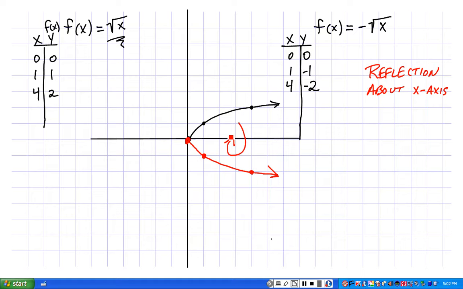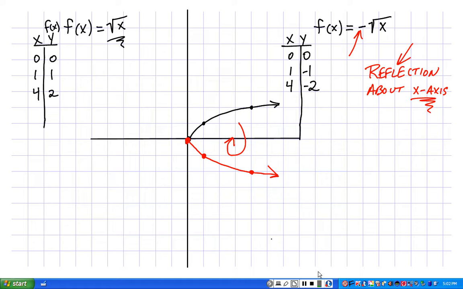It just looks like it swings around the x-axis, so a mirror image of itself on the x-axis. Okay, that's what we mean by reflection. And so anytime the negative sign is outside of the function, your reflection will be about the x-axis. Well, okay, let's look at what would happen if it's inside.